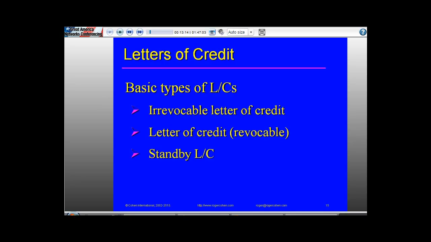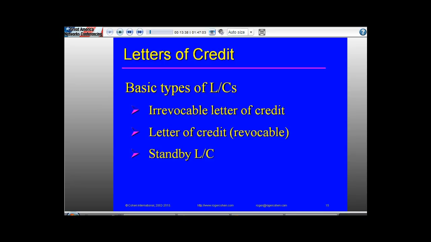And the last item here we sometimes see is a standby letter of credit. The seller will agree to sell on open account as long as there is a standby letter of credit in the background, so that if the buyer doesn't pay on time, then the seller can go ahead and be paid by the standby letter of credit.